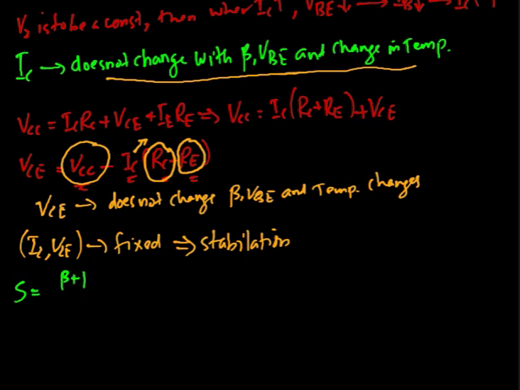For any circuit, the stability factor is given by S equal to (beta plus 1) divided by (1 minus beta into dIB divided by dIC). So to calculate this stability factor, we have to first obtain the variation of the base current with the collector current, that is dIB by dIC.